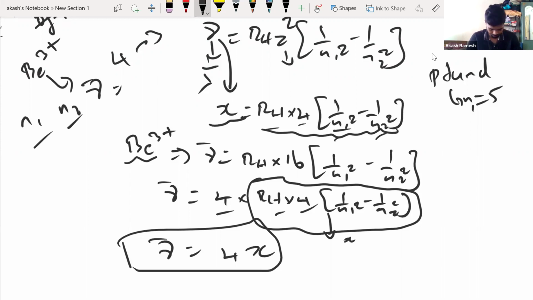Okay, take the question. In the Lyman series, the shortest wavelength of hydrogen atom appears at X meter.